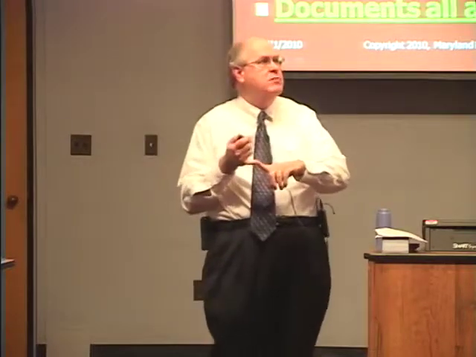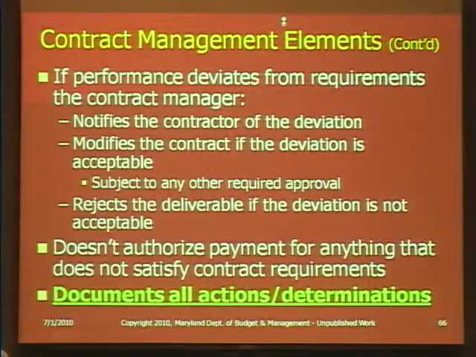So you need to let the contractor know if there's a deviation. And again, if the deviation is acceptable, you need to do a formal modification to allow it to be acceptable, otherwise you reject and don't pay. You do not authorize payment for anything that does not satisfy contract requirements. This point is key.